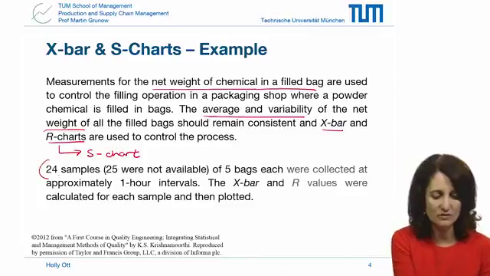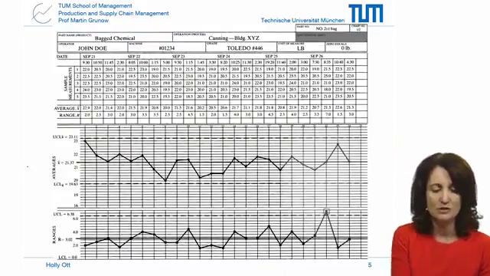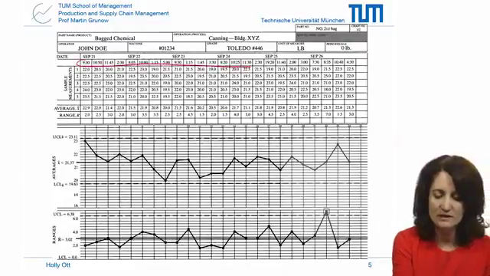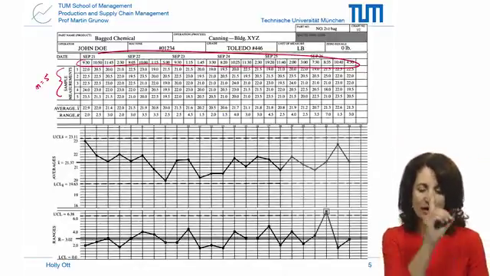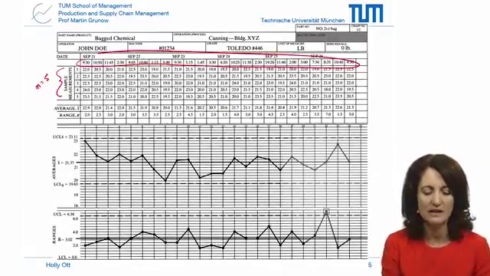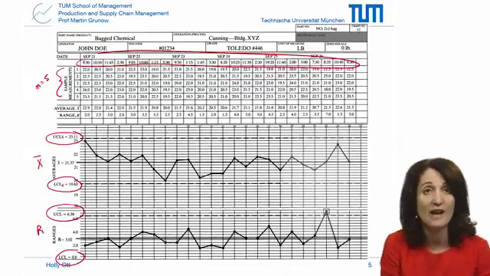Now again, we had 24 samples, and it looked like this, if you remember. 24 samples were taken periodically. We had here n equals 5 for each of those samples, and we used these 24 samples then to calculate upper control limit and lower control limit for X-bar, and upper control limit and lower control limit for the range.